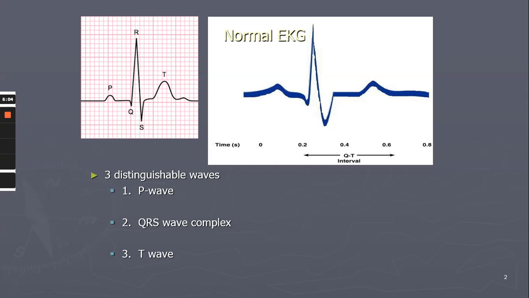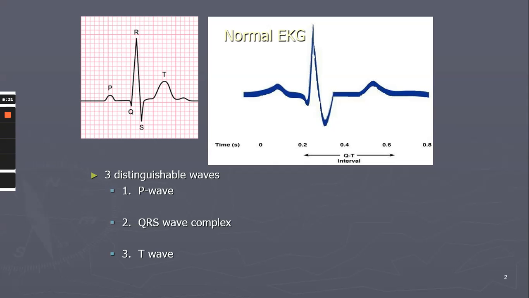So the inside of the plasma membranes are becoming more and more negative. That is a change in electrical current, and so that is going to be picked up by those leads. And we're going to see it represented as a wave on the EKG.